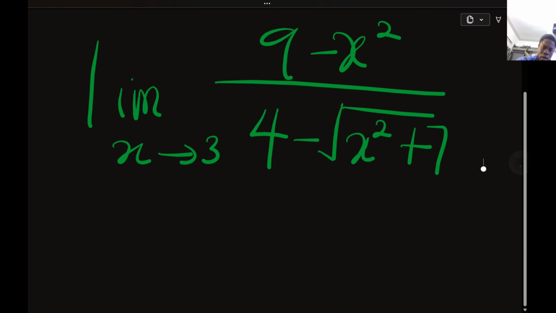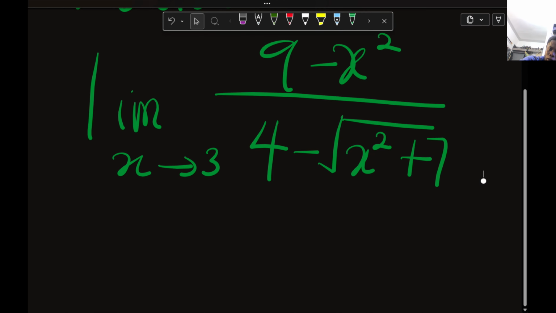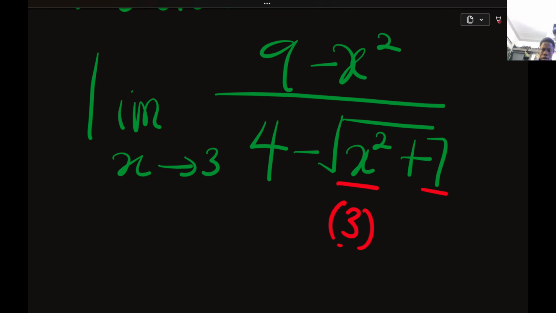You can see that when you plug in 3, x squared gives 9, and 9 plus 7 will give us 16. So when you put 3 here, you get 3 squared plus 7, which is 16.